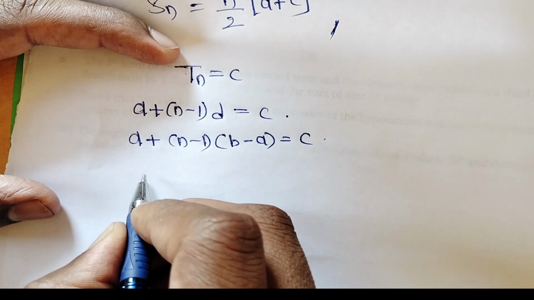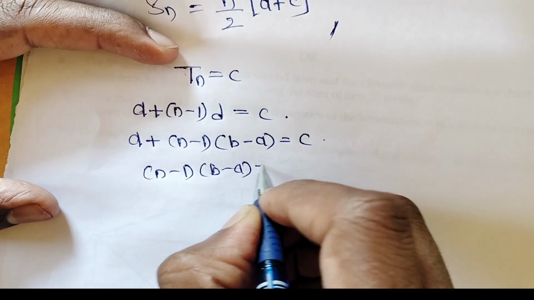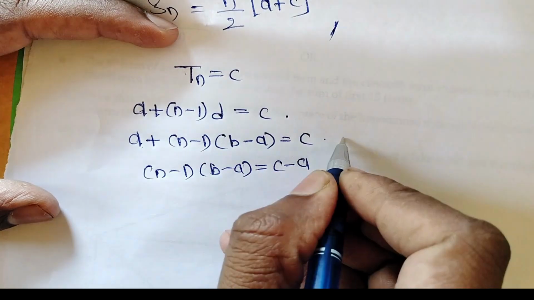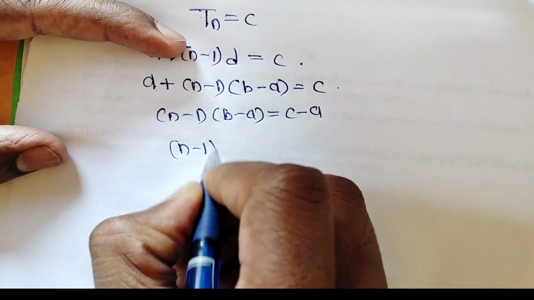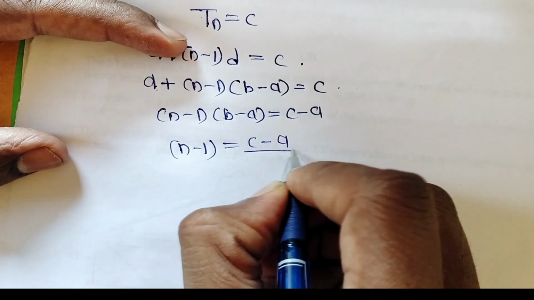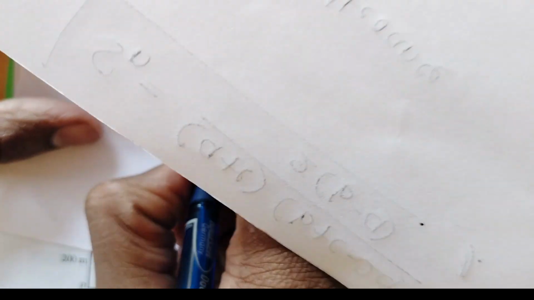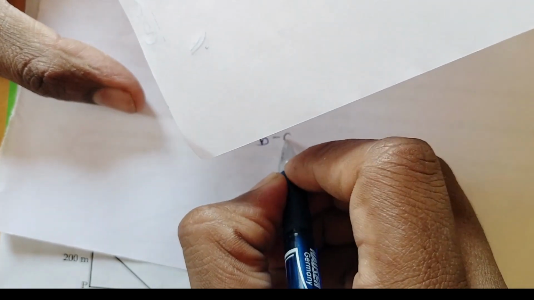So (n minus 1)(b minus a) equals c minus a. When a is taken to the LHS, it becomes minus a, and n minus 1 is c minus a divided by b minus a.